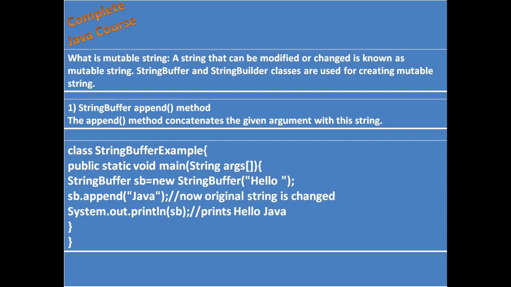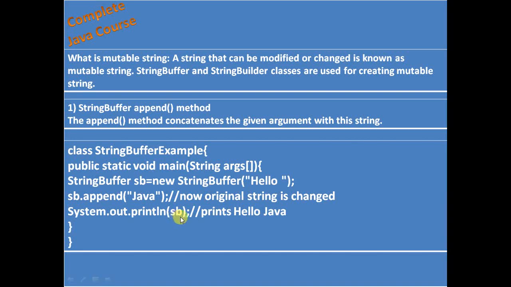So let's take an example. Here we create a StringBuffer example class. In this class we create a main method and we create the StringBuffer sb equal to new StringBuffer with the hello literal. If you call the append method, sb.append with the Java string, now the original string is changed.